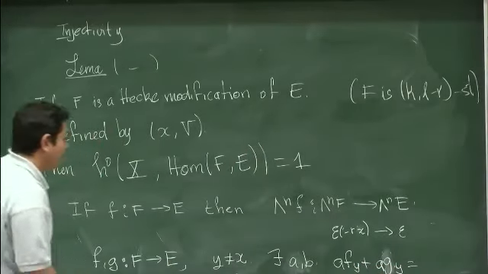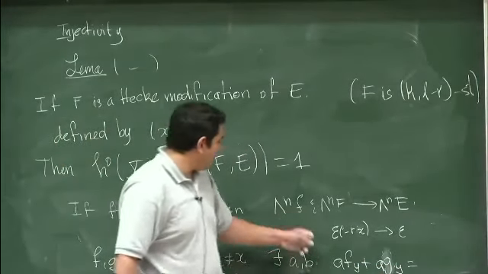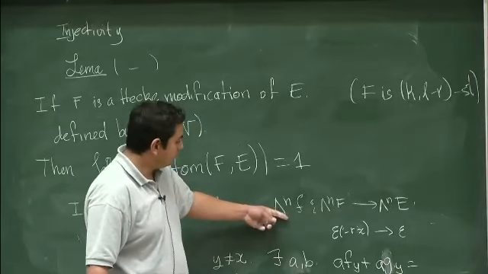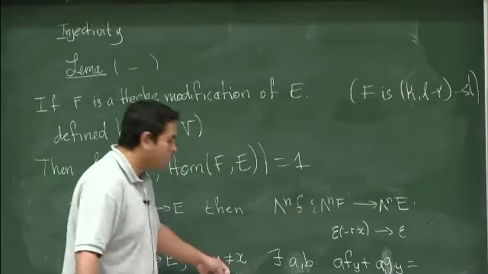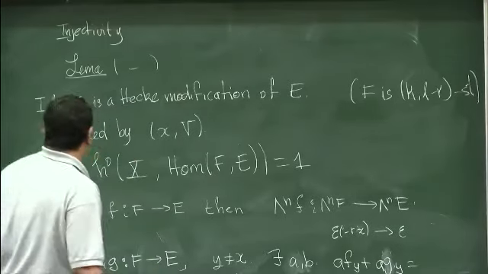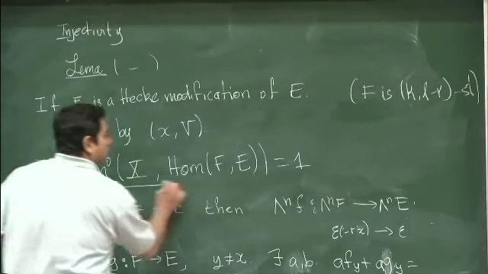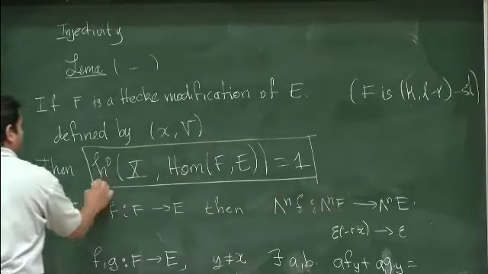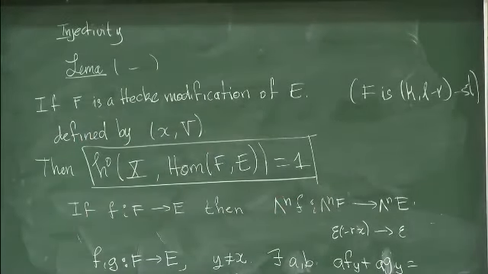And this says that the morphism is 0 at the point y, and this is a contradiction again. Then we have that there is only one morphism up to scalar product.